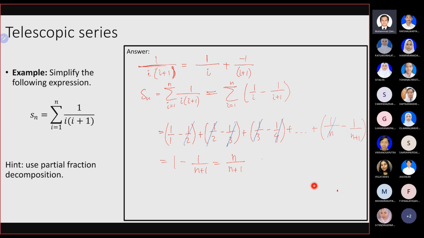So here we have that as n goes to infinity, the value of Sn goes to 1. Any question?